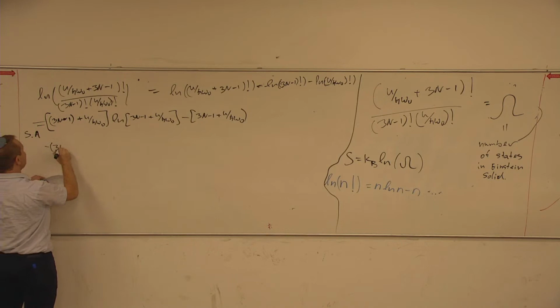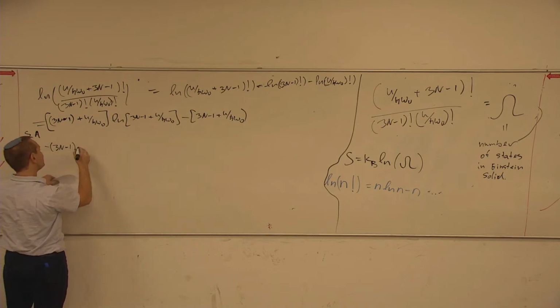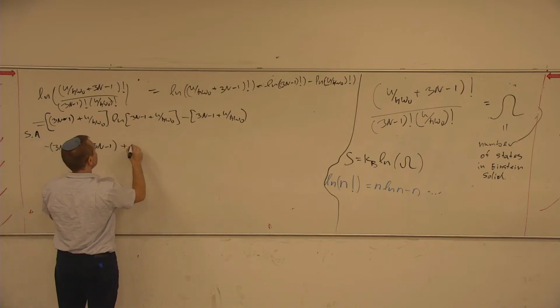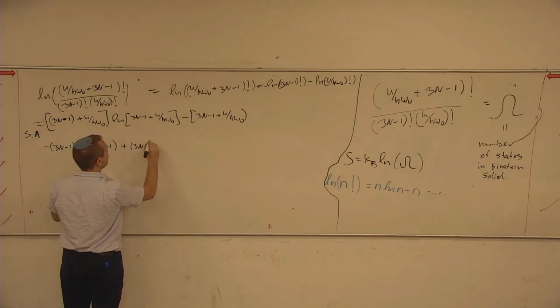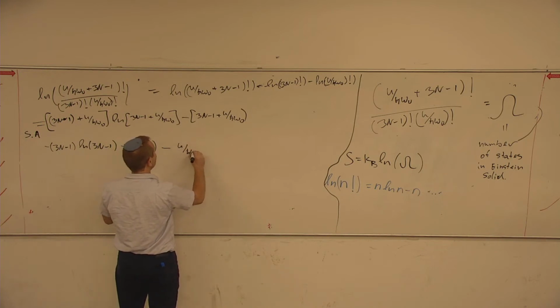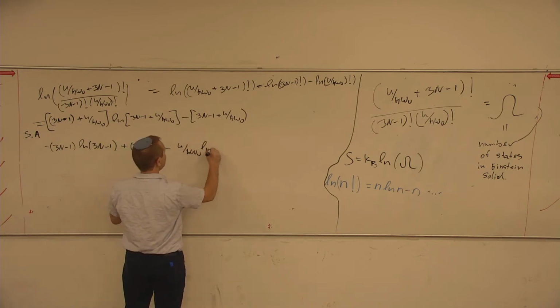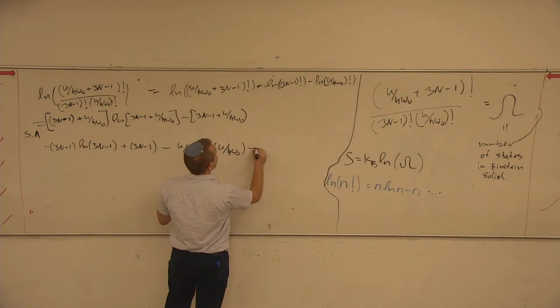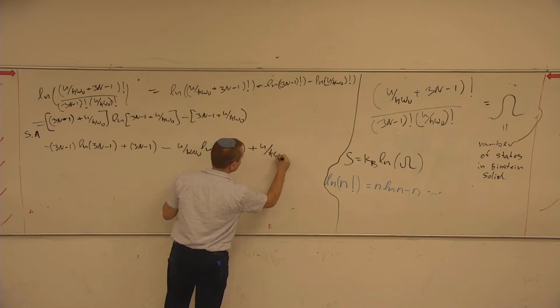Minus (3n − 1) log of (3n − 1), plus (3n − 1), minus (u/ħω₀) ln of (u/ħω₀) plus u/ħω₀.